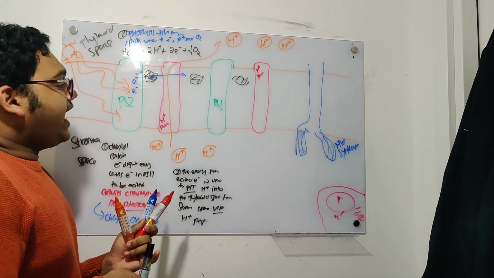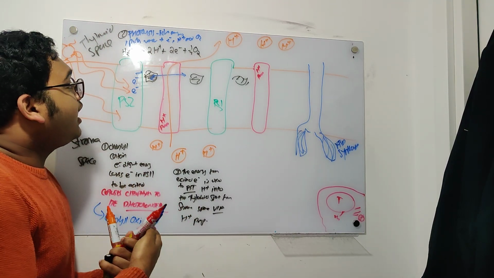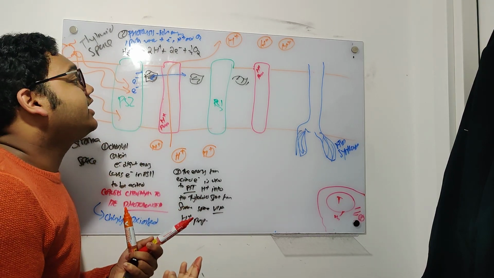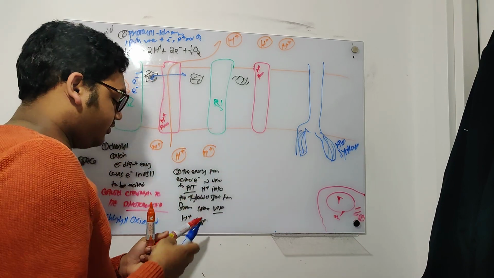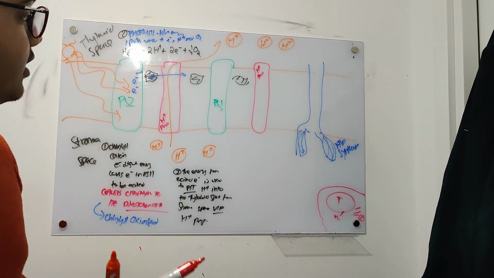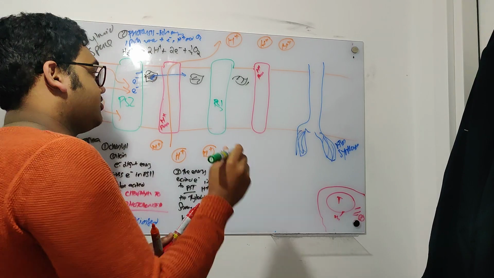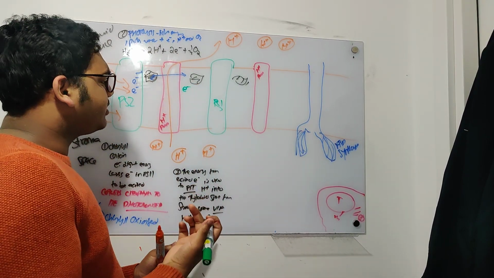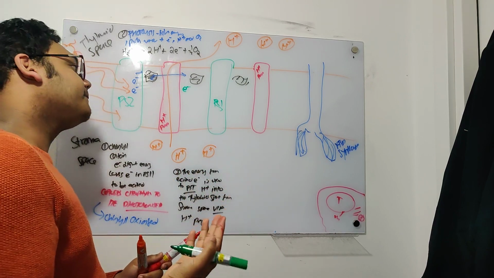Now, because that energy is being used, the electron is going to lose some energy and go to a lower energy level. So I'm going to symbolize that with a green electron. So it's at a lower energy level because it's used up some energy to power that H plus pump.